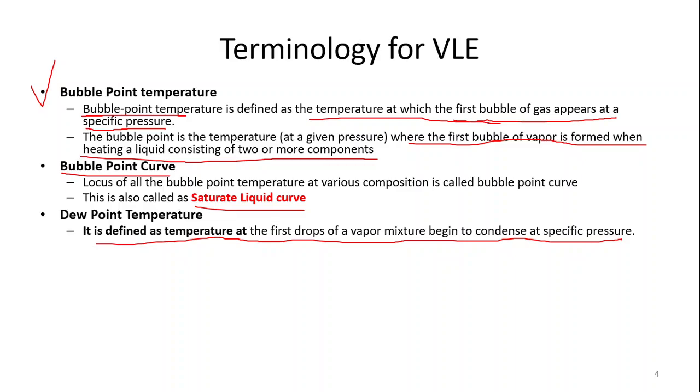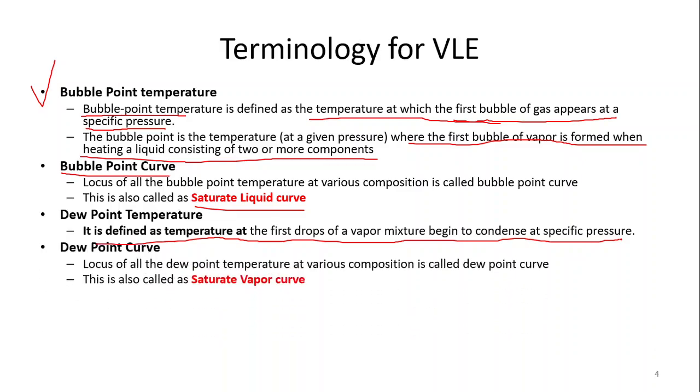But in the dew point, material is going from the vapor phase to the liquid phase. The starting point of that change is called the dew point temperature. Again, the locus of all the dew point temperatures at various compositions is called the dew point curve, and the alternative name for the dew point curve is the saturated vapor curve. That tells us about the composition in the vapor phase.